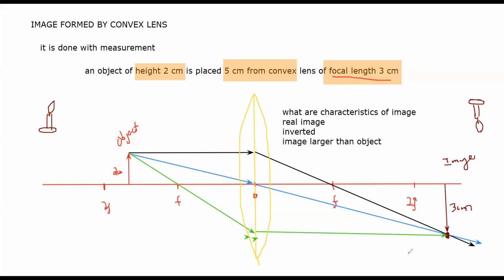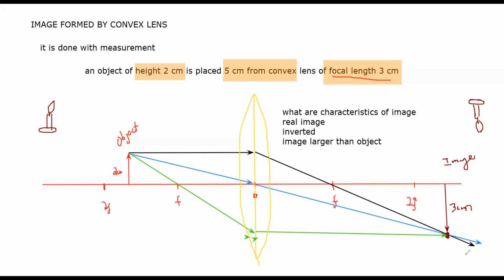Here, draw the convex lens. And when you're showing a convex lens, practically what happens? There is a refraction within the lens. But when you're showing an image formed by a convex lens, you don't show that.